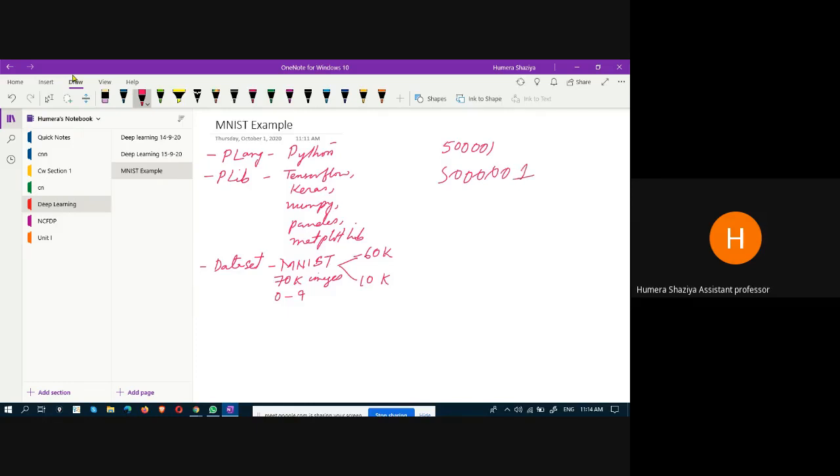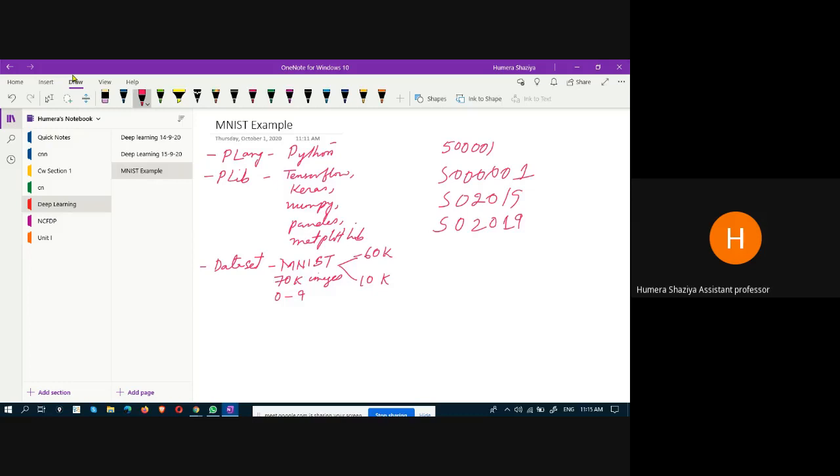And if it is some other code like 502019, people may write differently. There are different ways. When we write digits, all will not appear in a similar manner. These are known as handwritten digits.